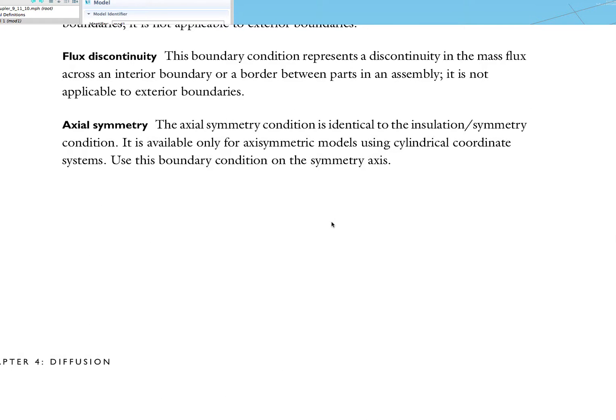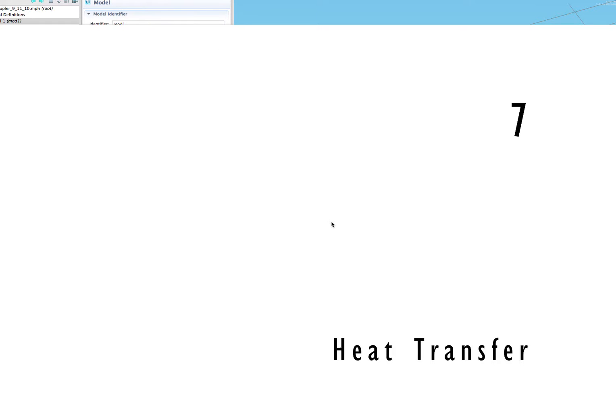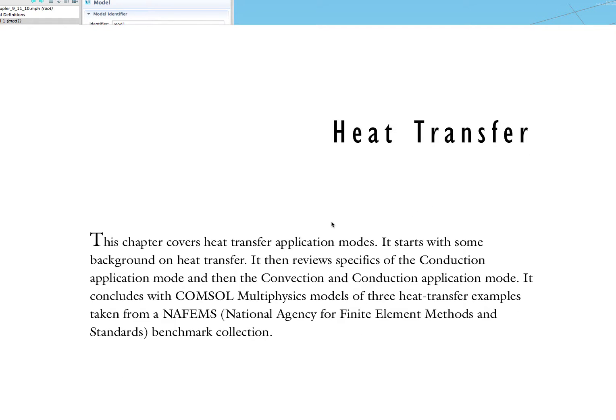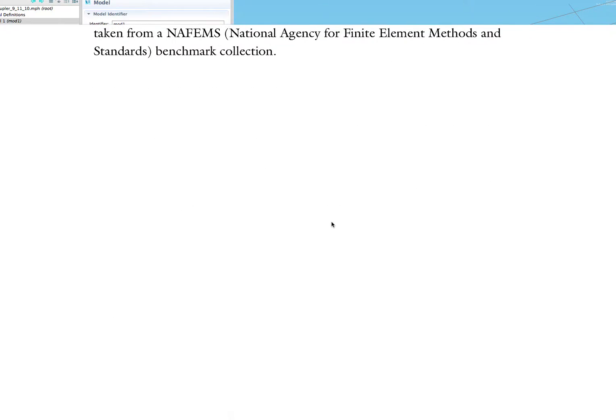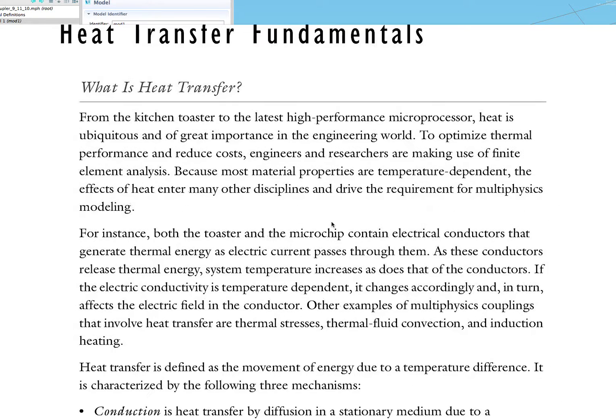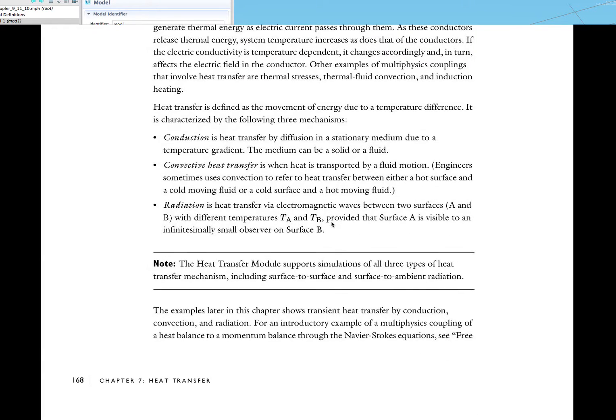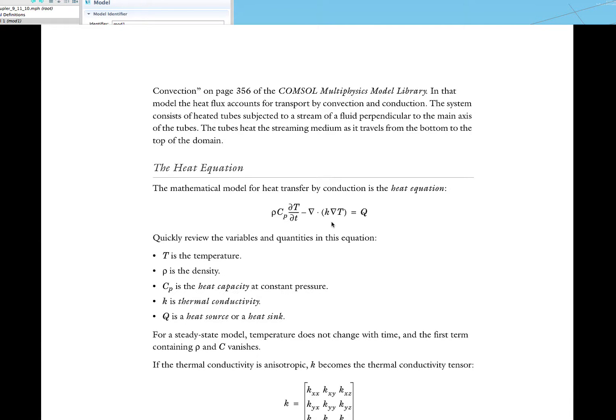Now I'd like to describe to you the heat transfer module before we move on to look at COMSOL examples. The heat transfer module follows very similar ideas to what we did, and we have the heat conduction equation in here.